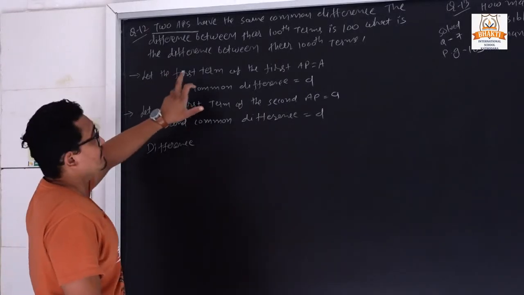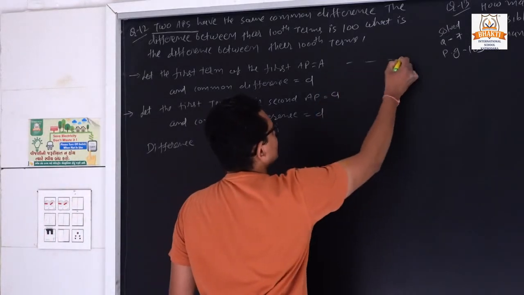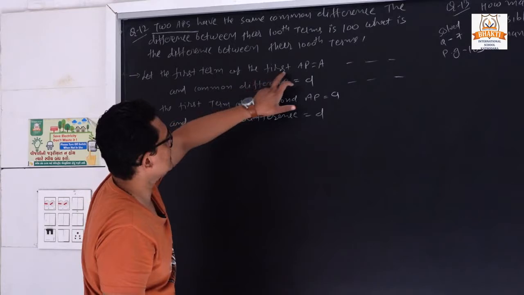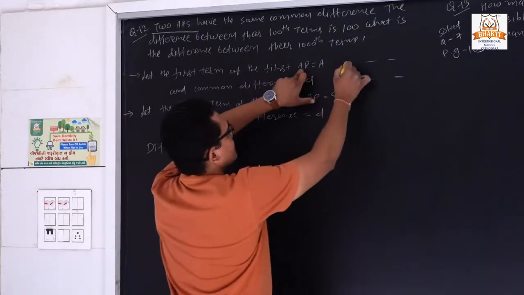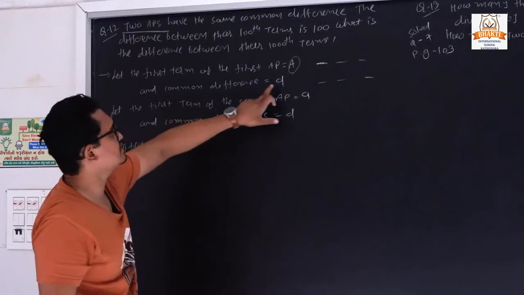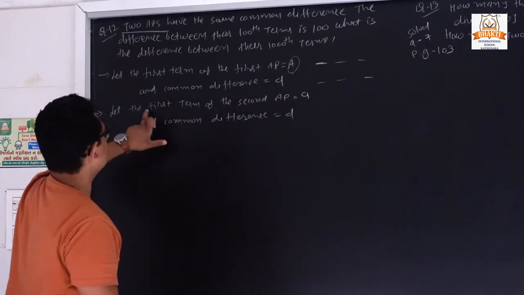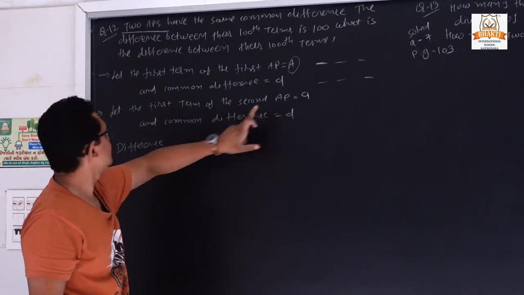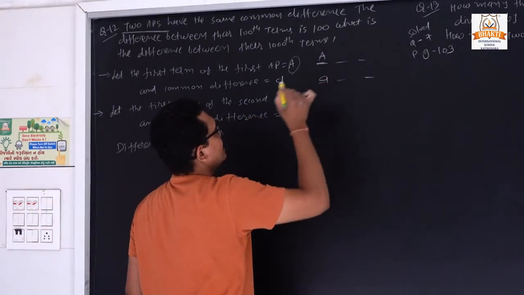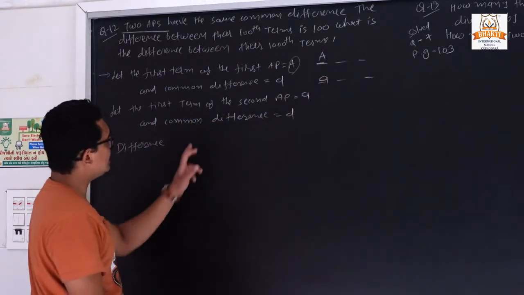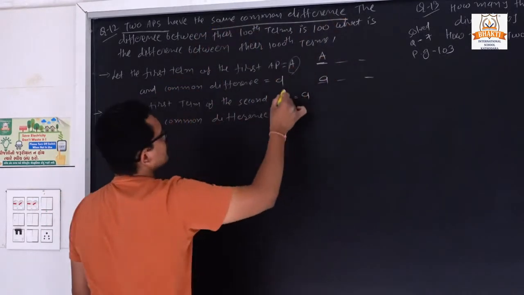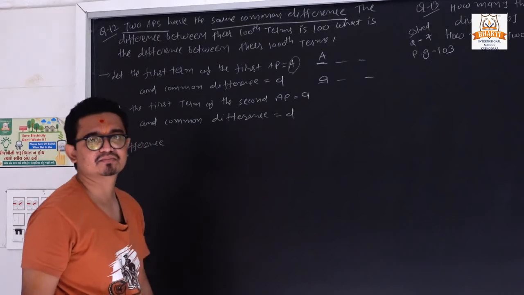So suppose we have two series, first and second. For the first arithmetic progression, the first term we can declare is capital A and the difference is small d. Now for the second series, the first term we can declare is small a, and the difference is d because they say they have the same common difference, so small d, small d.